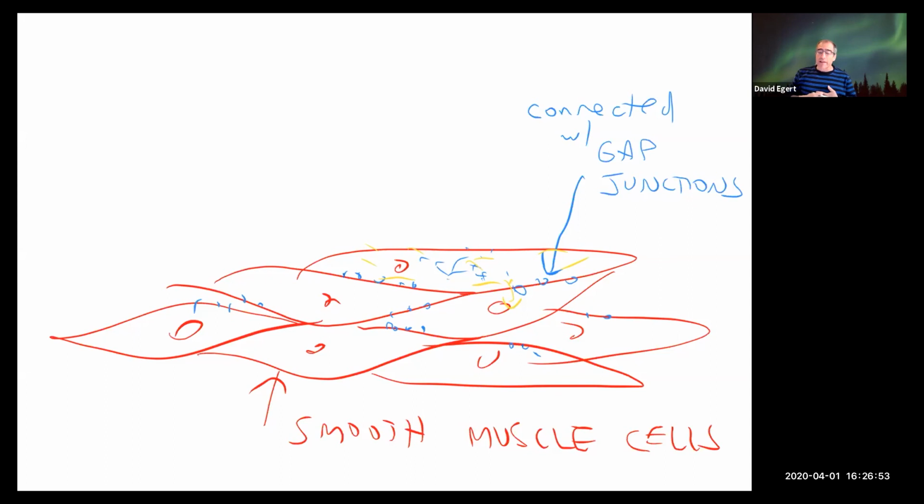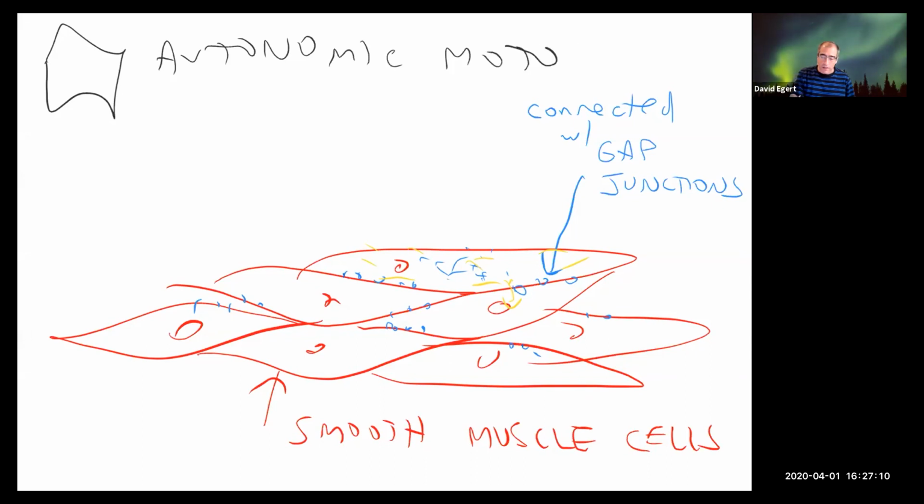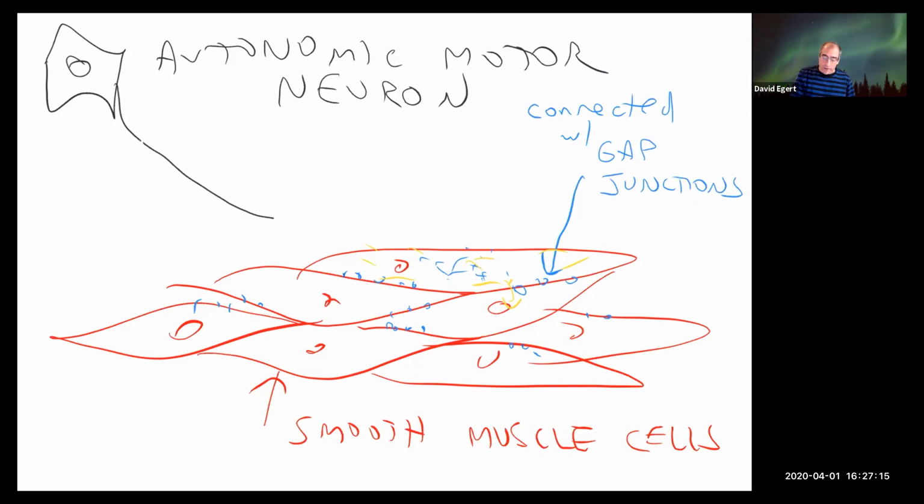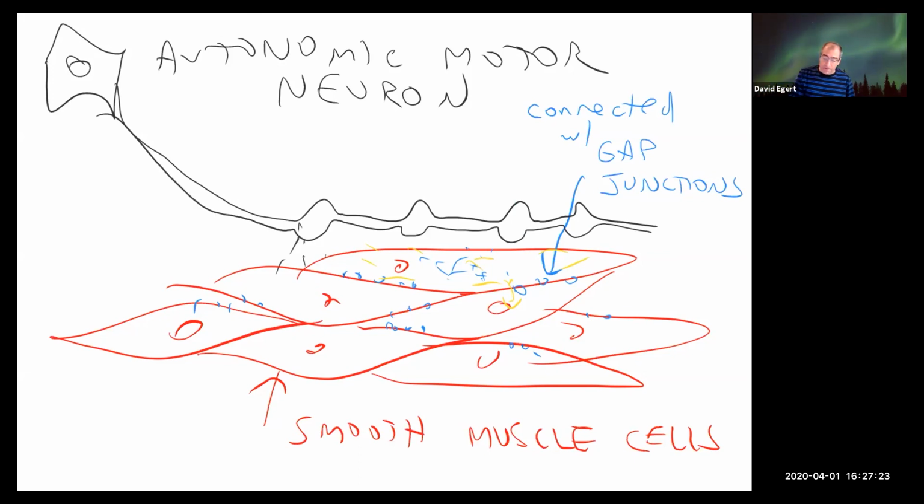So in general, rather than having motor units like we were just talking about, most smooth muscle is what we call single unit. Even if you are using a motor neuron, if this is an autonomic motor neuron, you have these things called diffuse synapses, where this thing basically puffs neurotransmitter, whether it's acetylcholine or norepinephrine, kind of here.